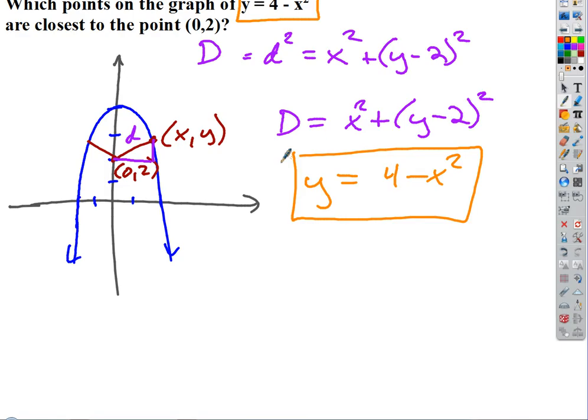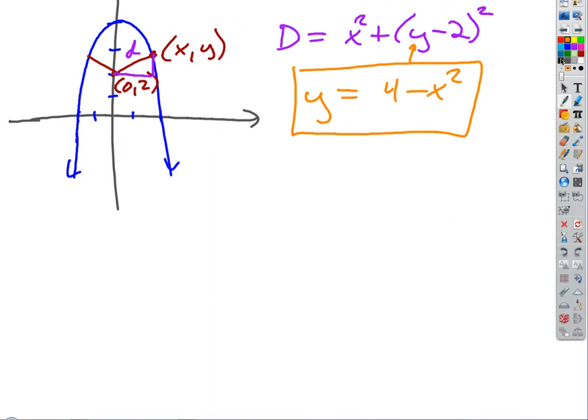So I'm going to plug all this stuff in there, and I'm going to get my new primary equation of a single variable. So now we're going to get D equals x squared plus, instead of a y, we get 4 minus x squared minus 2, which becomes what? Squared.